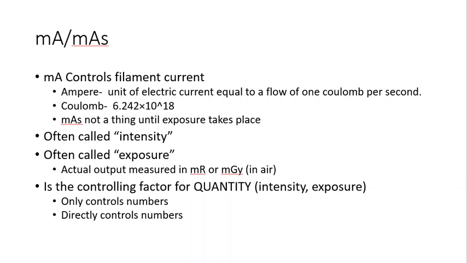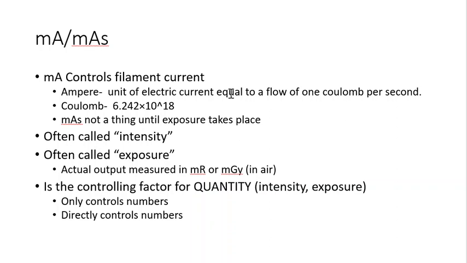Thermionic emission is what we're trying to get to. Thermionic emission means hot ions, hot charged particles, hot electrons. An amp is just a unit of electric current. It's a measure of electrons flowing through a circuit, and 1 amp is equivalent to 1 coulomb per second. A coulomb is that many electrons, so it's a ridiculous number of electrons.